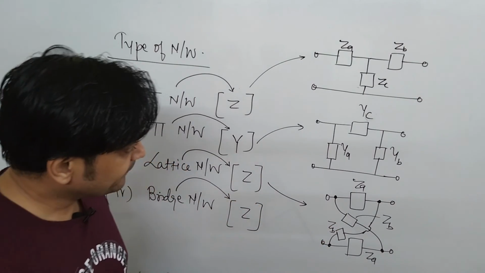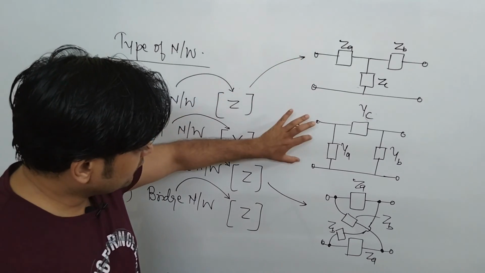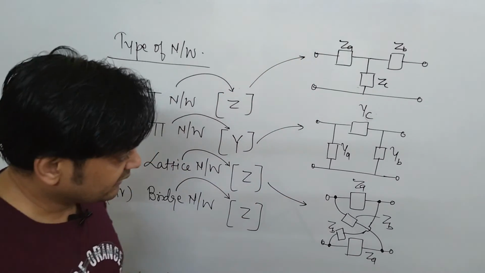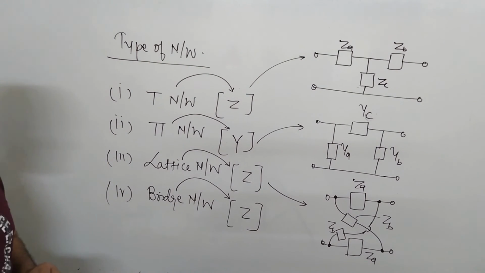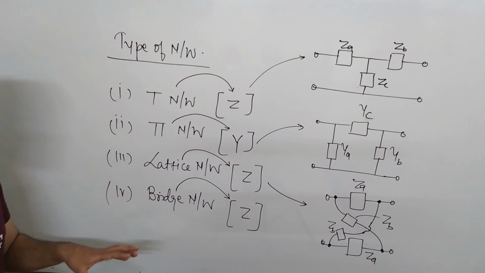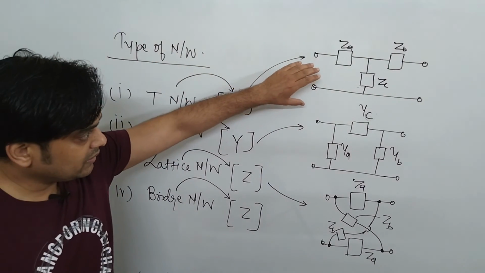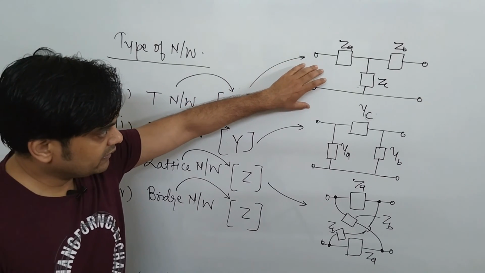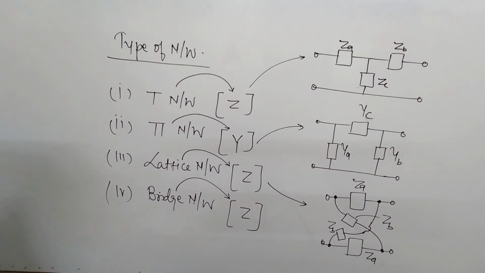So this is known as the T network, this is known as the pi network, this is known as the lattice network. We will see how we find their Z parameters and Y parameters. A few examples I will solve, but just for your understanding, please remember this type of network is referred to as a T network, this is pi, this is lattice, and finally we will see what is a bridge network.